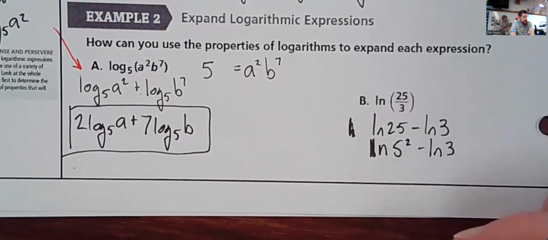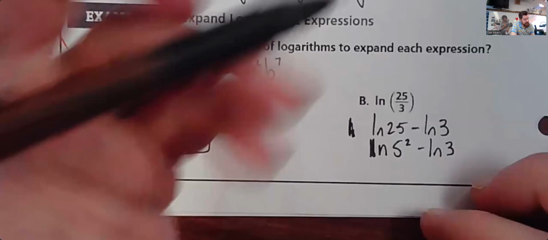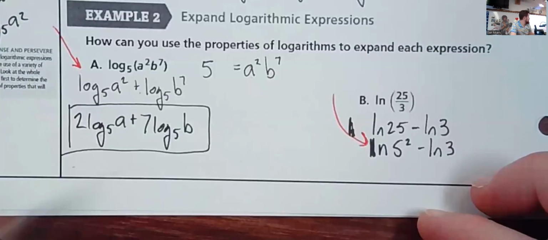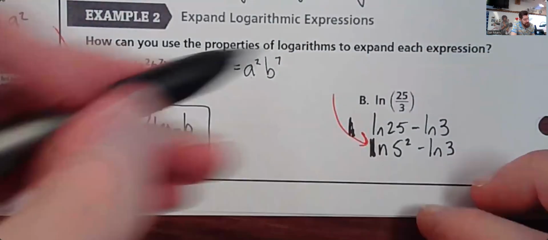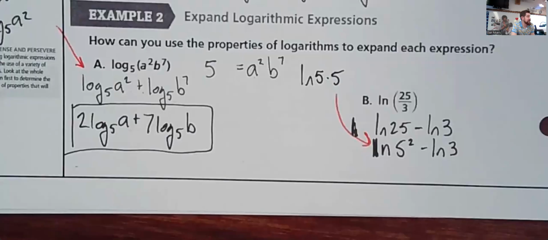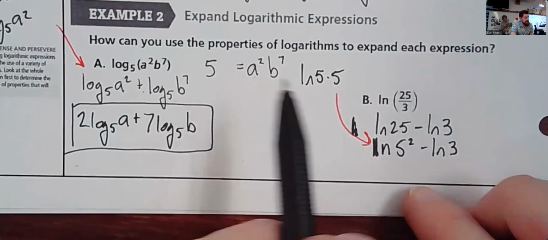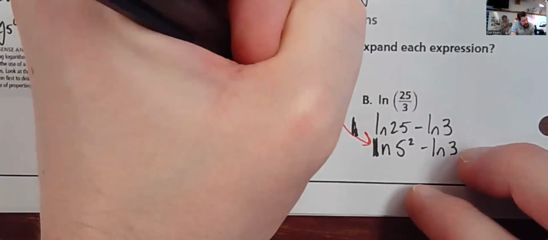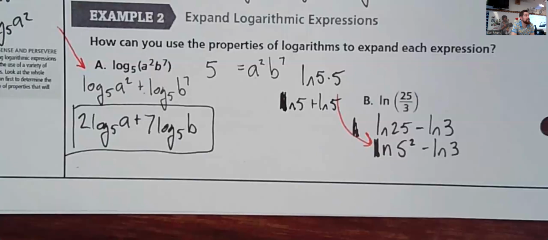If you're not sure, I'll just do another arrow right here. ln of 5 squared is the same thing as ln of 5 times 5. Everybody okay with that? 5 squared is 5 times 5. And that means we could use the product property with this portion of the problem and write ln 5 plus ln 5.